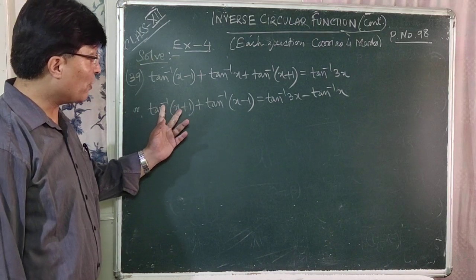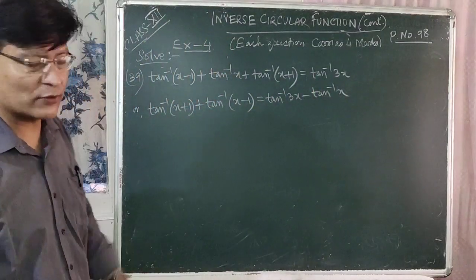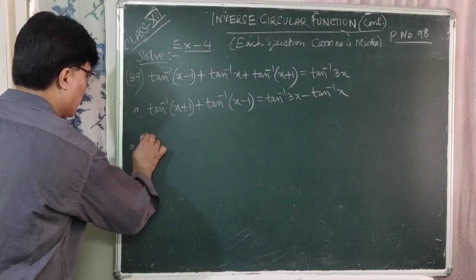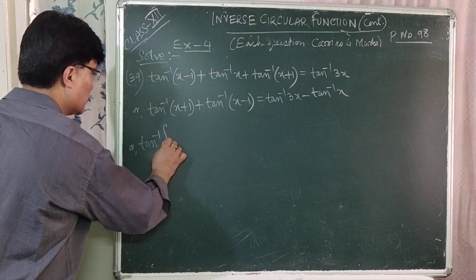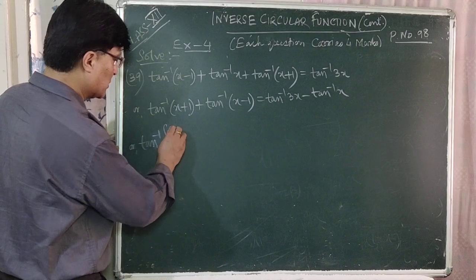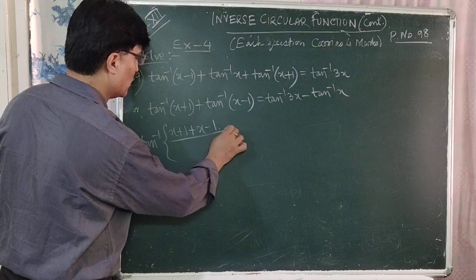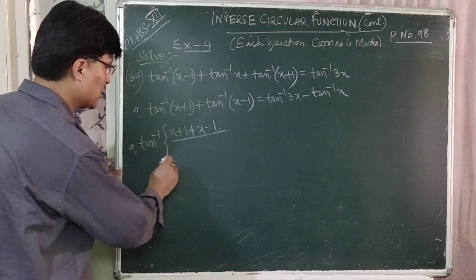Now you can use the formula here, tan inverse x plus tan inverse y. In this case, tan inverse x minus tan inverse y. You know the formula, isn't it? So what is the formula that we can use here? Tan inverse within the bracket. In the numerator, what is x? It is (x plus 1) plus, what is y? (x minus 1), whole divided by 1 minus xy.